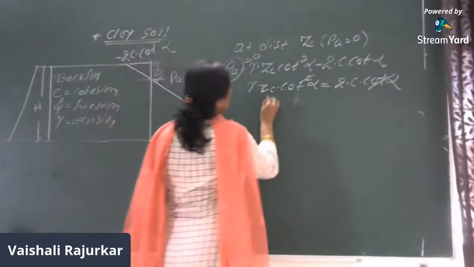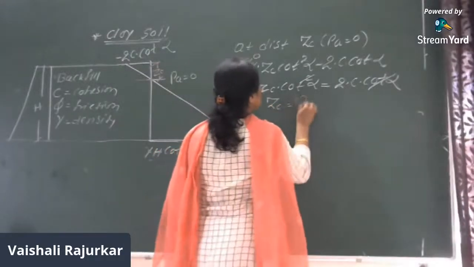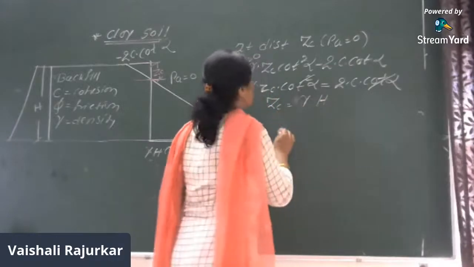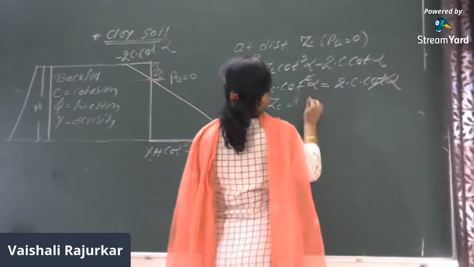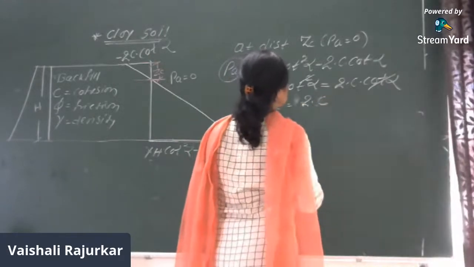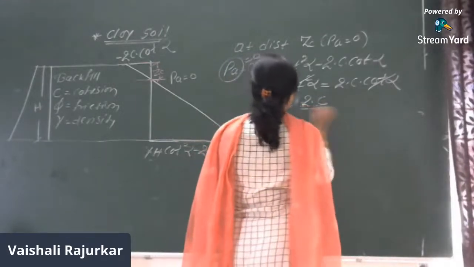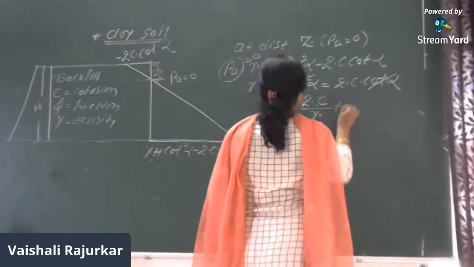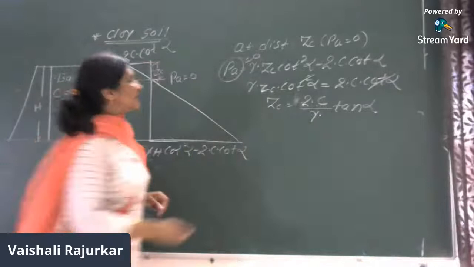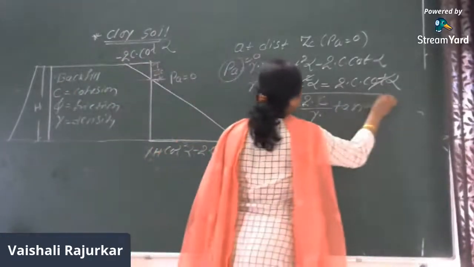So what is the value of ZC then? ZC is equal to 2c upon gamma into tan alpha.